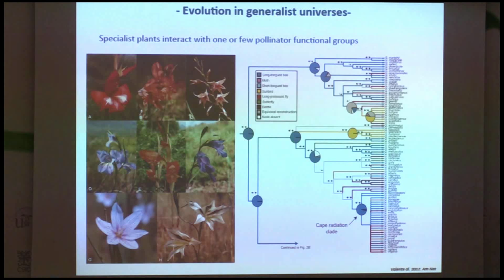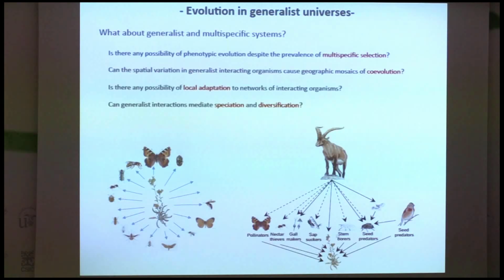But what happens with those systems in which each single plant species is interacting with really many species of pollinators, the generalist or multi-specific system? Is there any possibility for phenotypic evolution to occur in this kind of multi-specific system? Can the organisms interacting, all of them with the same plant species, exert significant selection on some specific trait? Is the selection collapsing between them?